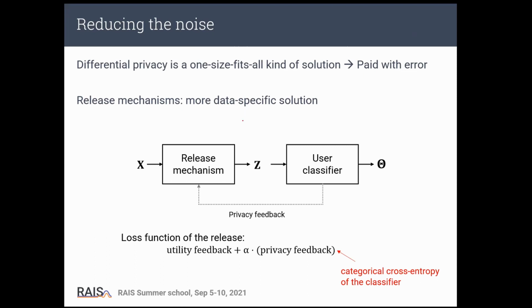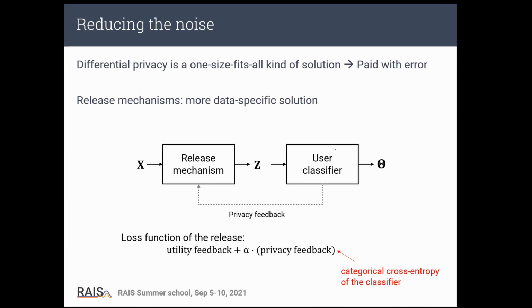So the other way of tackling the problem is to go more in depth into what the query is that you're trying to ask and what kind of data you're trying to use, and to build some more specific solution. In particular, a solution which has been gaining popularity in later years is called release mechanisms.